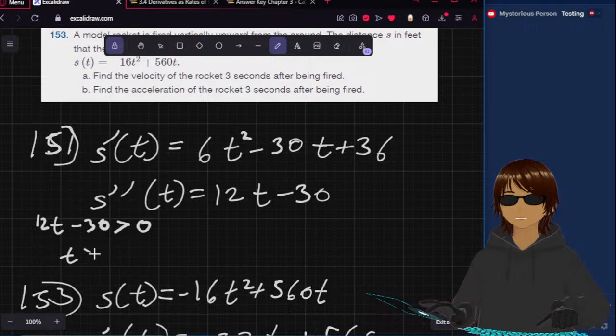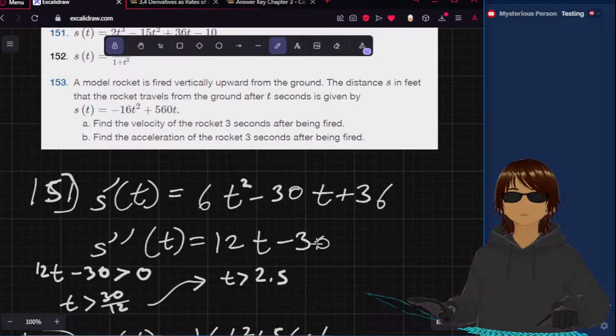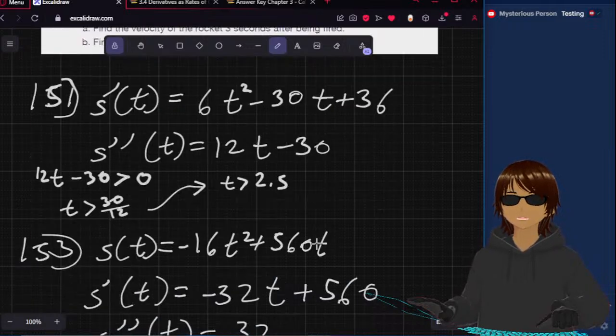So t is 30 over 12, and 2.5. When t is more than 2.5, this is more than 0.